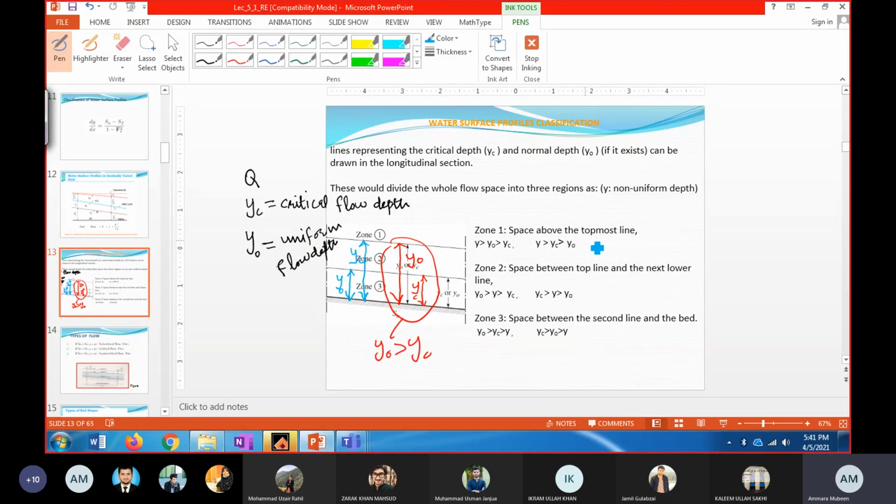Zone 1, space above the topmost line. There can be 2 scenarios for space above the topmost line. When the depth of flow y is greater than the uniform flow depth, which is greater than yc, this is case 1. Okay, and when y is greater than yc and it is greater than y naught.